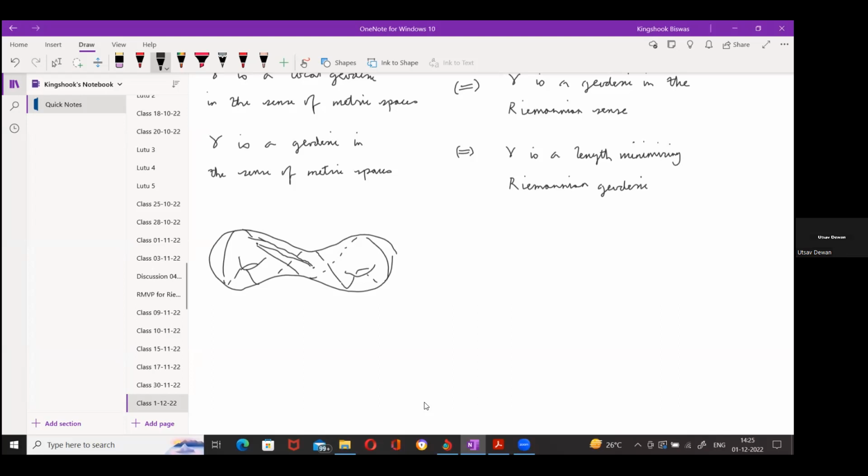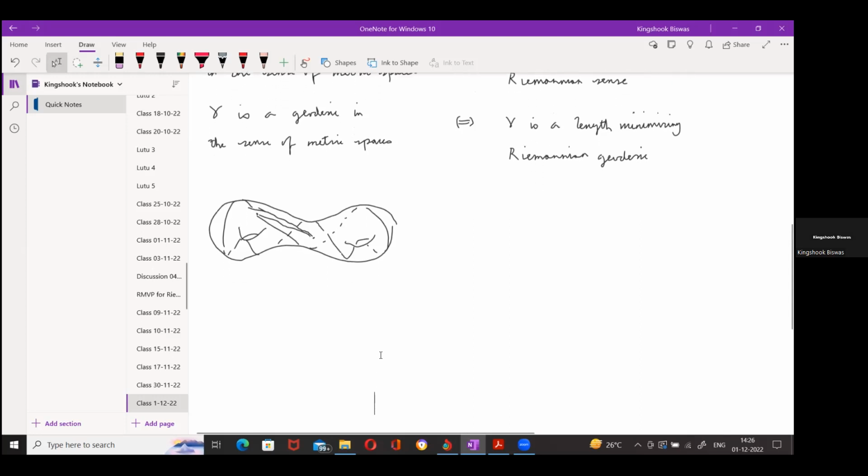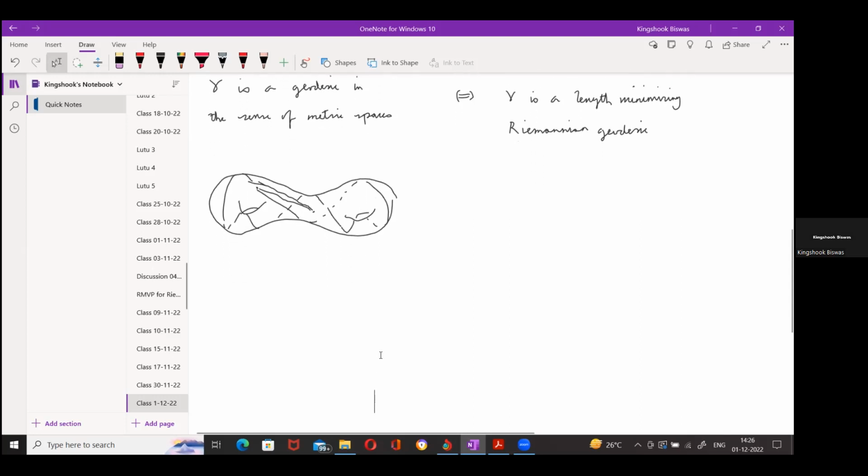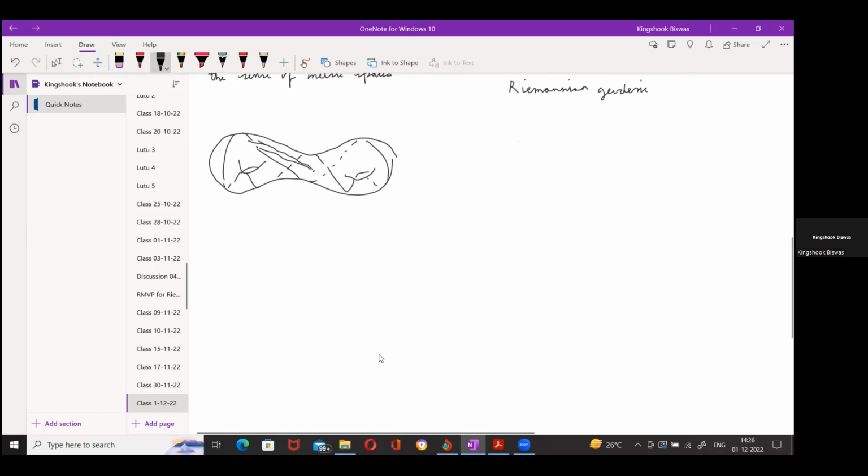Okay. So once you have geodesic metric spaces, then you can define what is called, let's say, a CAT(0) space.